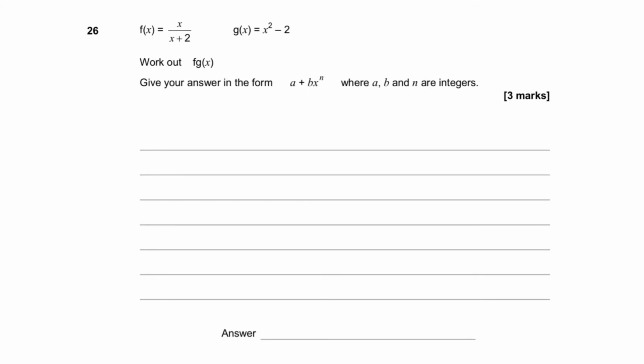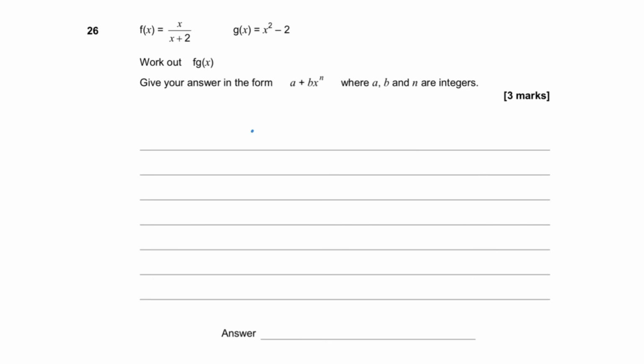Our question says f(x) is equal to x divided by x plus 2 and g(x) is equal to x squared minus 2. Work out fg(x). Give your answer in the form a plus b x to the power n, where a, b and n are integers. Because g is the closest to x in the list of functions, it goes through that one first.